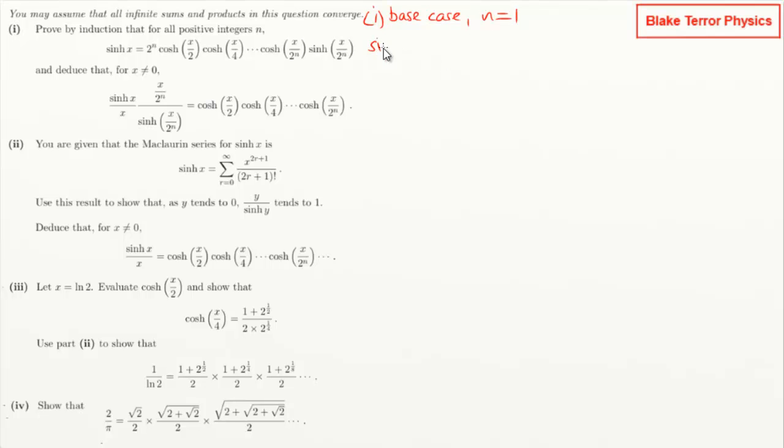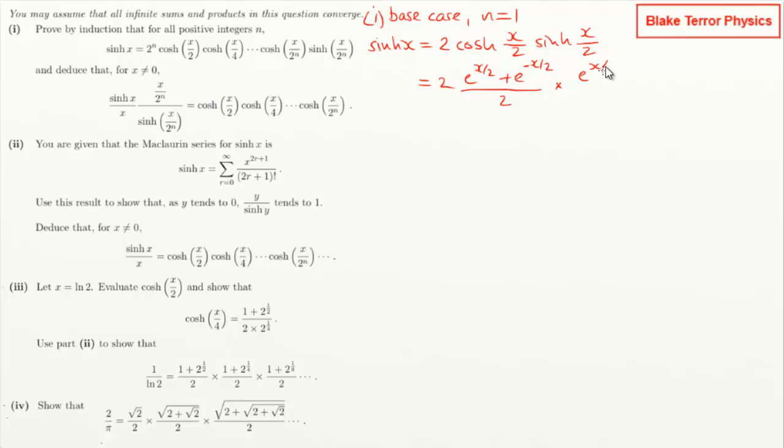We need at least this bit to be true: 2 cosh(x/2) sinh(x/2). That's just one of the identities, which quite often you'd be able to assume, but it doesn't take a lot to fill in the gaps. So I'm going to have (e^(x/2) + e^(-x/2)) multiplied by (e^(x/2) - e^(-x/2)) over 2.